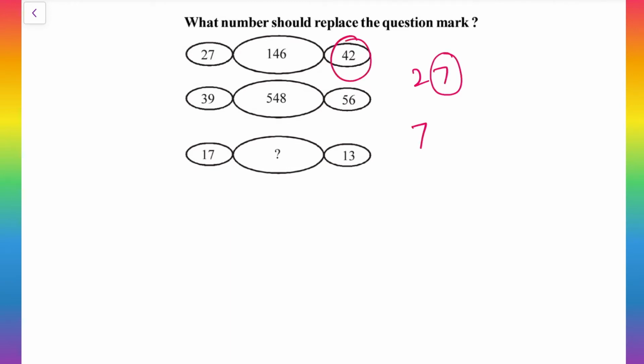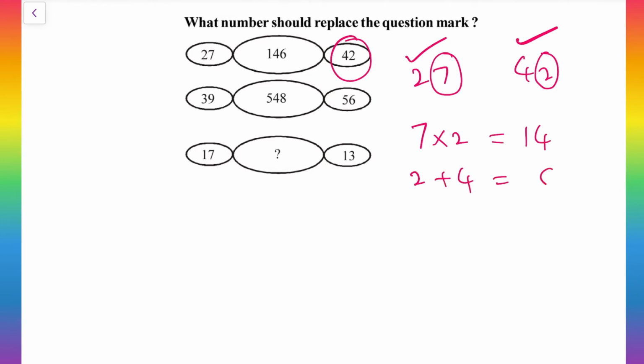From 42 also I will take the last digit. I will multiply those two. 7 2s are 14. Now the remaining two digits, I will add those two digits. 2 plus 4, 6. Now this 14 and 6, I will write side by side. Then we will get 146.